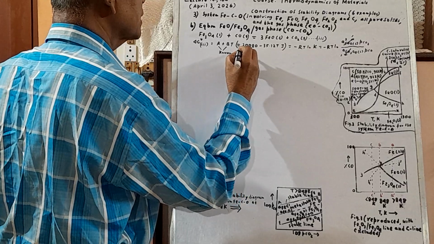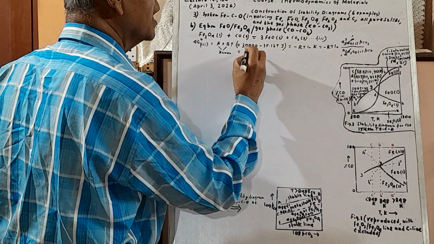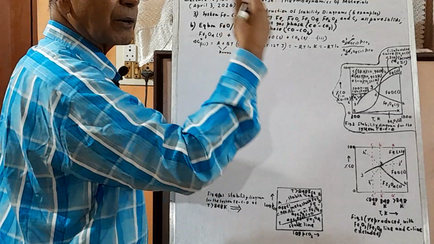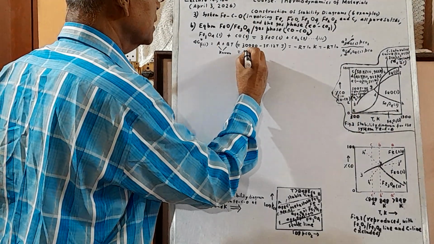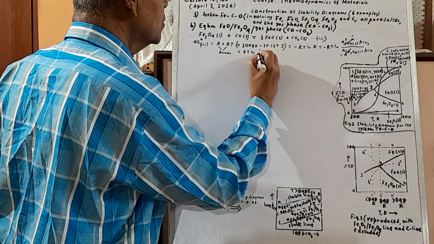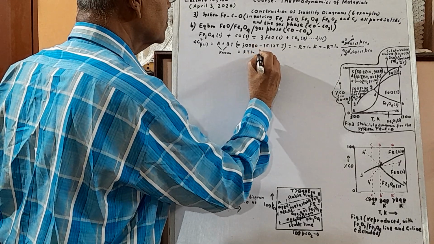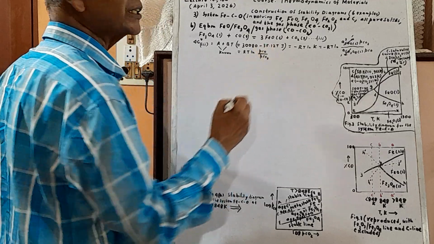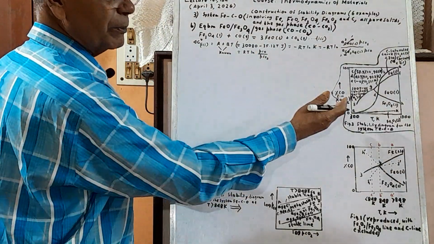So you get RT ln PCO over PCO2, with the sign absorbed upside down. Obviously, this is at equilibrium. This is the equilibrium diagram.